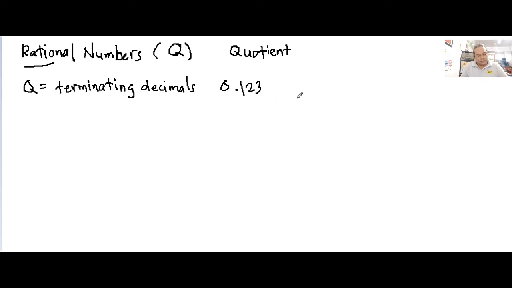There are no more numbers after it. And then the set of rational numbers also includes the non-terminating and repeating decimals.